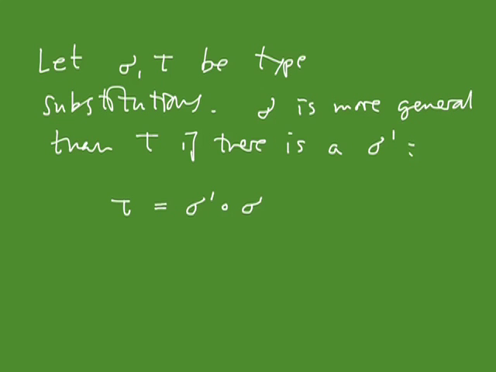So we can specialize the types in sigma and then get tau. That's the trick. So to make this clearer, perhaps it's a good idea to have an example.